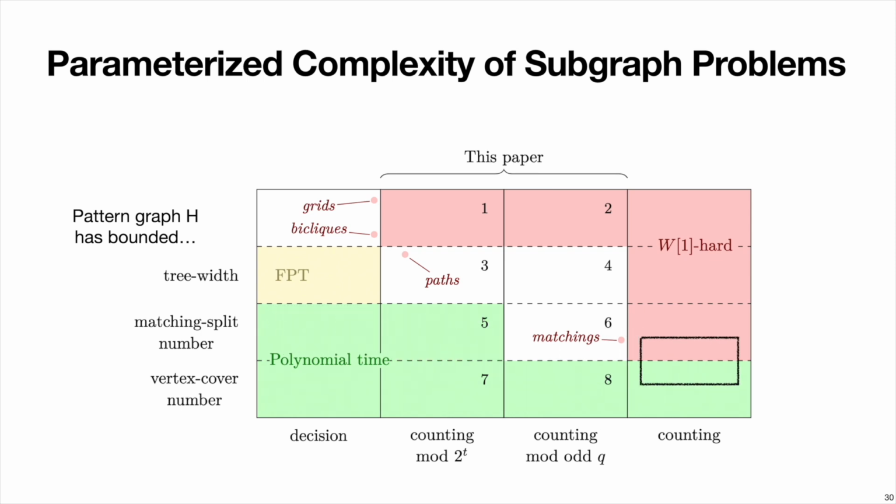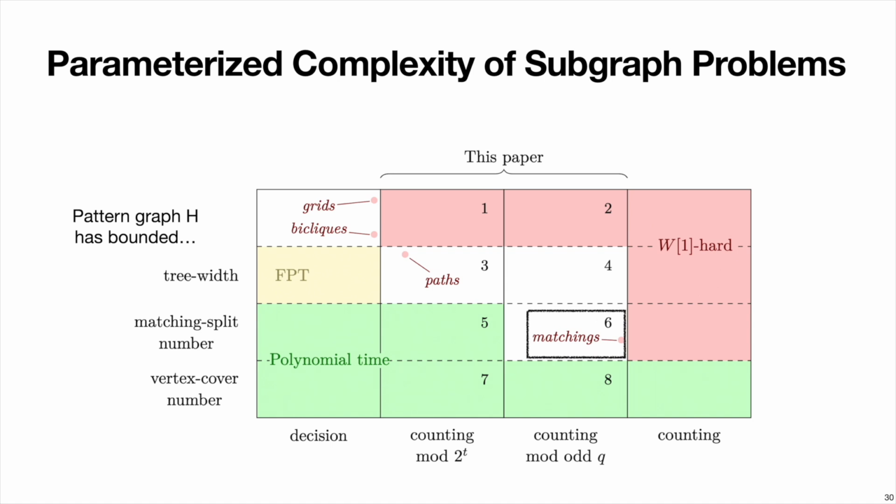We move to the counting problem. It is known that the boundary between easy and hard is the vertex cover number. If it's bounded, the problem is polynomial time. Otherwise, counting the number of H copies is W[1]-hard.